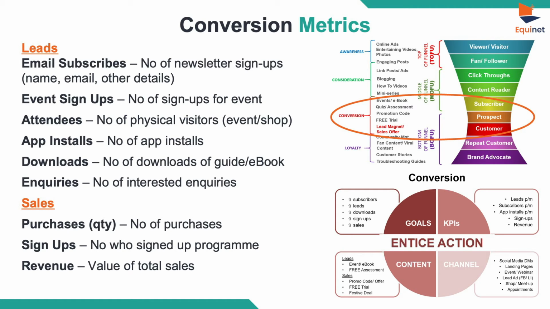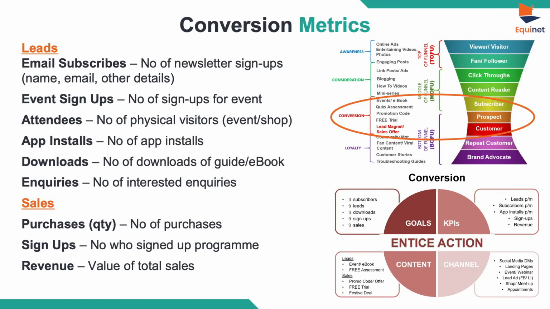This can also cover people who downloaded a guide or a free ebook or installed an app. For the second level of conversion, sales, you could measure the number of sales that you have driven through social media marketing, number of customers acquired, or the revenue, which is the total value of the sales generated through social media.